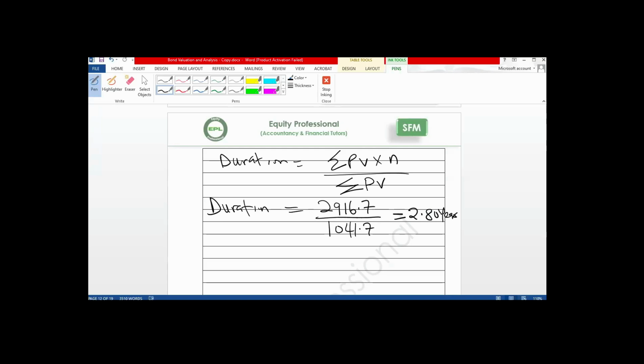The examiner now says, what does duration measure? Part of requirement B says, what does duration measure? Please note it down.